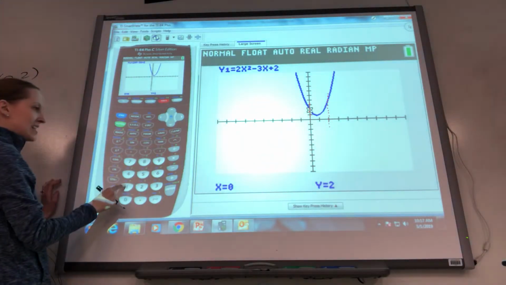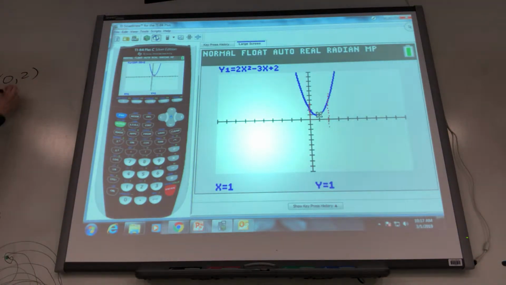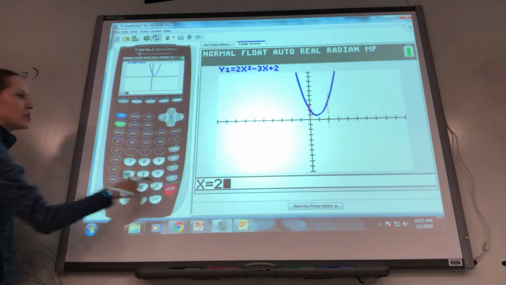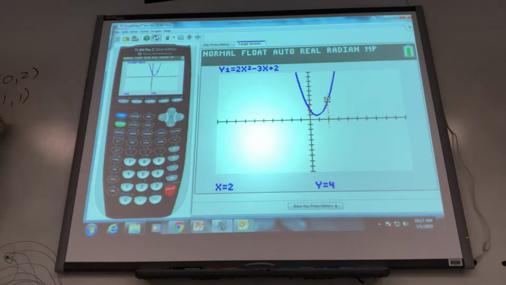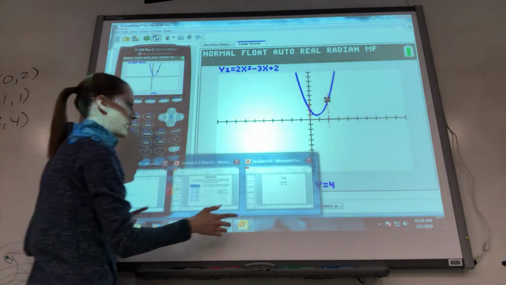If I trace to 1, then that's 1, so that's another nice point that I could put. And then if I trace to 2, that gives me back a 4. And that's probably all that I need for that parabola because, again, based on those vertical lines, I'm only concerned from 0 to 2.